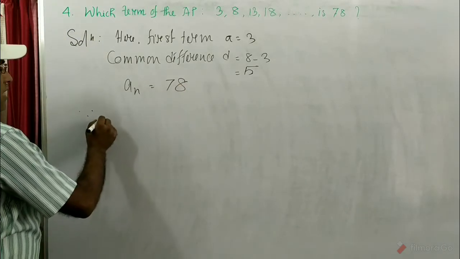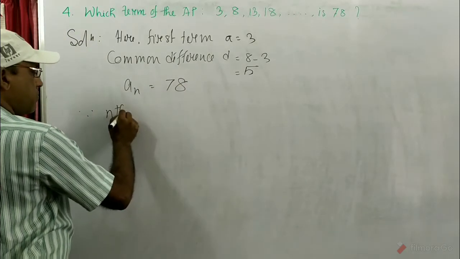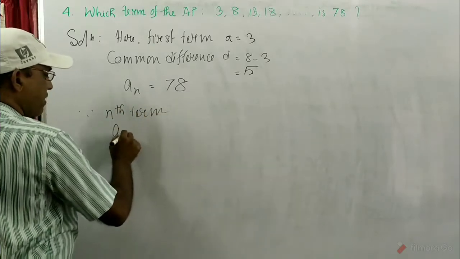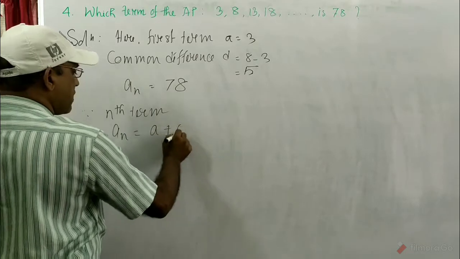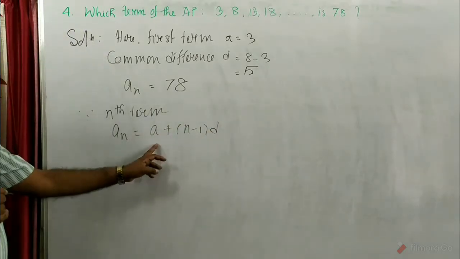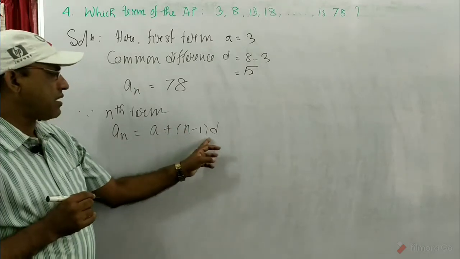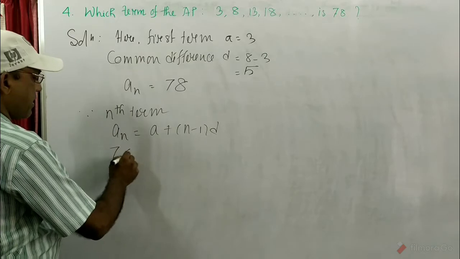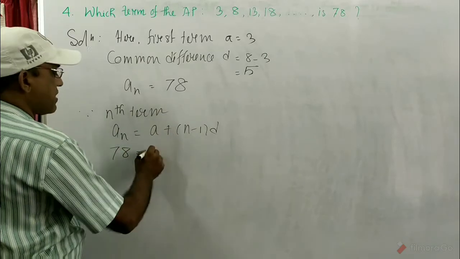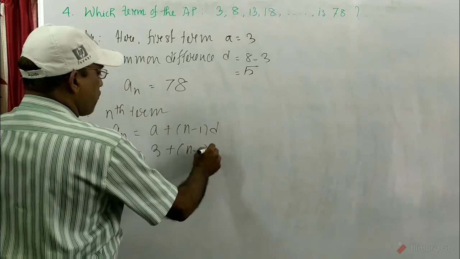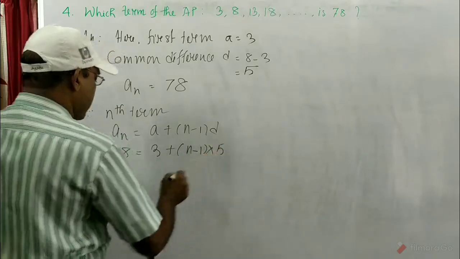Since the nth term formula, which you know, is an equals a plus (n minus 1) times d. Here an means 78, a means 3, n minus 1 we want to find, and d means 5.